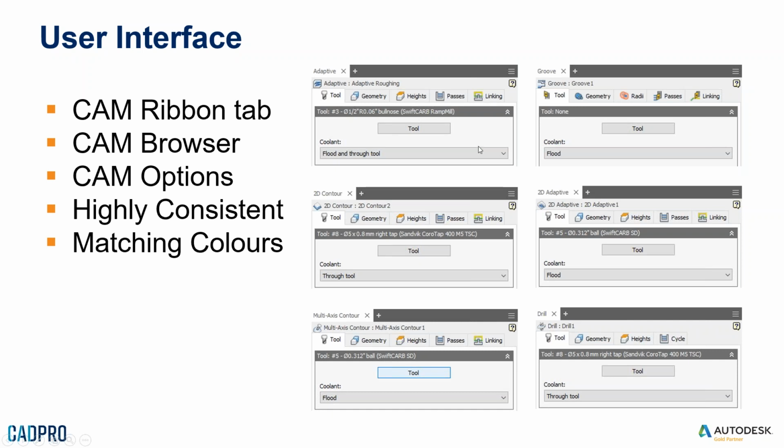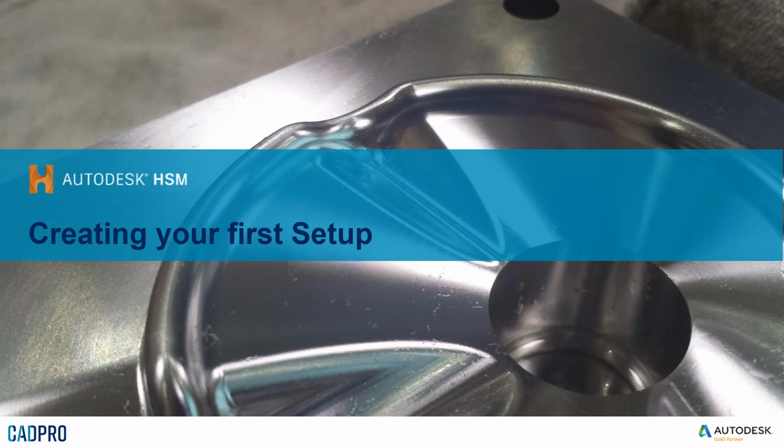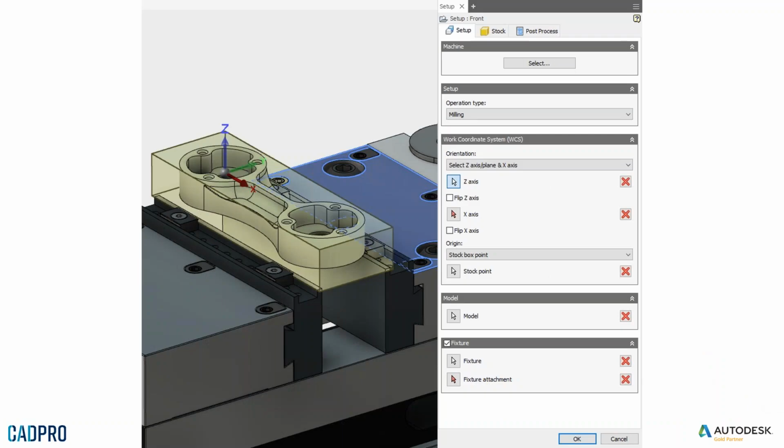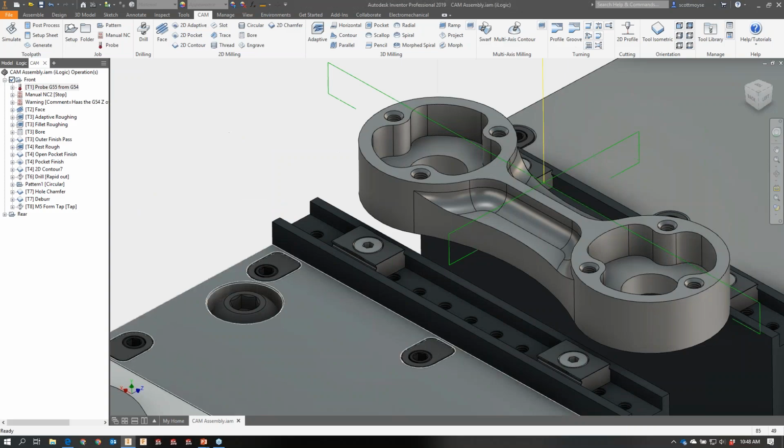Now they match the colors of the toolpath elements that you see on screen. So when you see something you want to change, you can immediately associate that with the tab and go to the tab and find the setting to make the change that you need. This helps smooth out the learning curve quite dramatically, and it's pretty unique for HSM compared to competitive products. Right, so let's get into doing some setup, actually doing some programming.